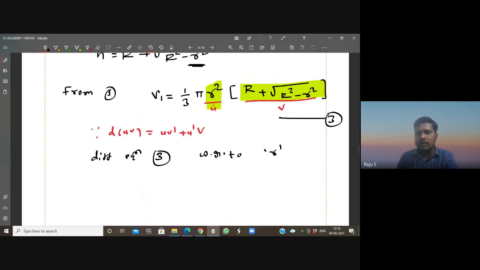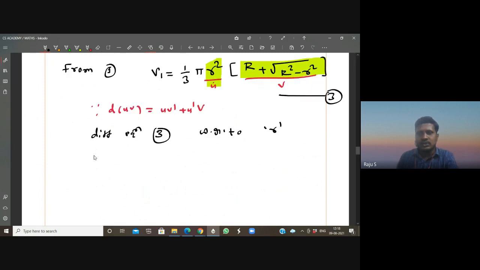Okay, all of you differentiate. dV1 by dr is equal to 1 by 3 times pi, which is a constant, times first r square. For V dash, the derivative of capital R is 0 because capital R is a constant here.